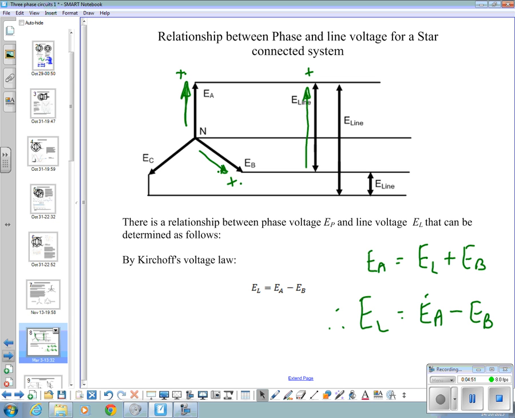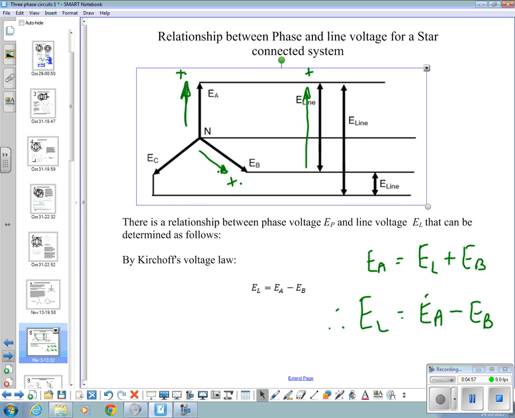The arrow of this one is pointing that way, the arrow of that one is pointing that way, and they're connected together in the middle. This line up here we'll be dealing with later, but that's the centre neutral connection on a star connected system, but we'll come to that a bit later on. Okay, all right with that so far?